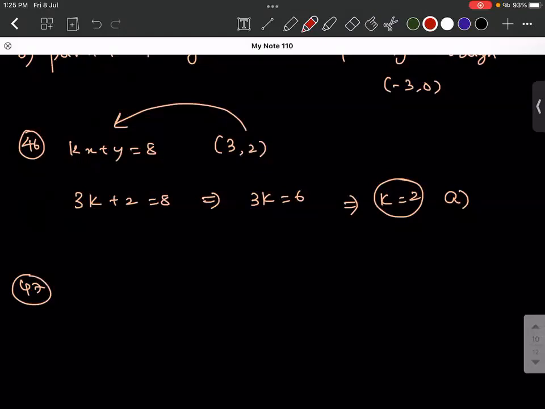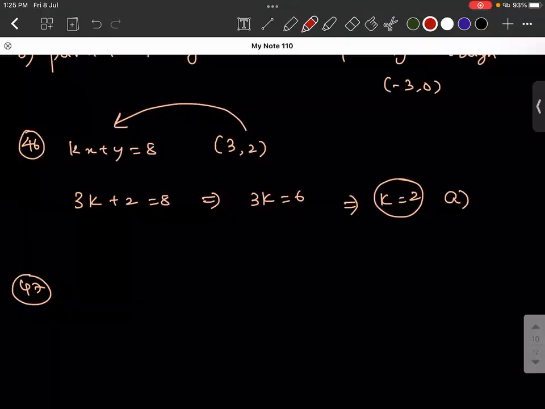Question 47. In an election, 60% of voters cast their vote. From the graph, find the total number of voters, if 2,100 voters cast their votes. 60% is 2,100.